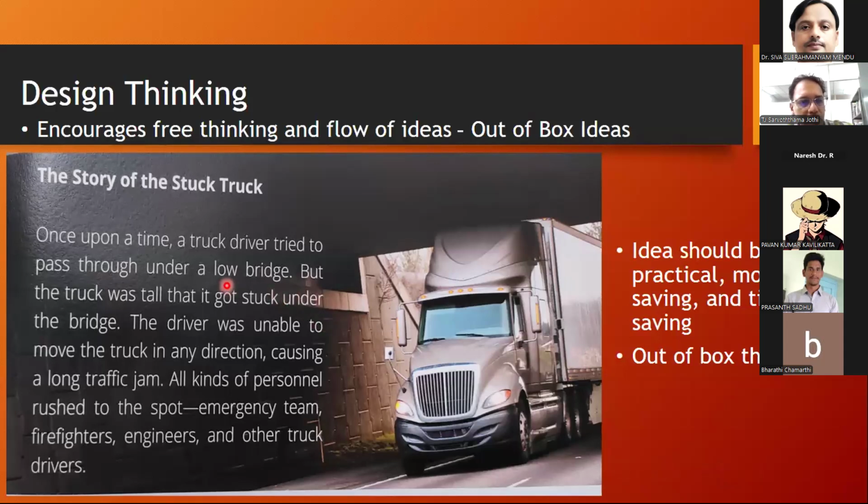A truck driver tried to pass under a bridge, but the truck was so tall that it got stuck under the bridge. The truck could not go under the bridge. The driver was unable to move the truck in any direction, and it was causing a long traffic jam.